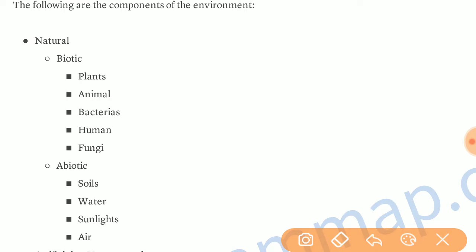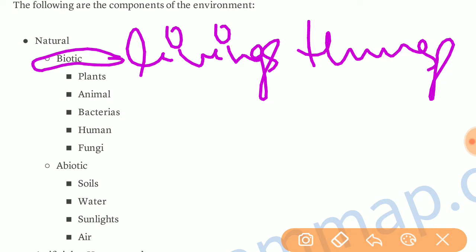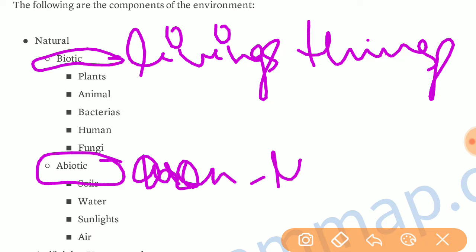Natural environment is of two types: biotics, which are living things, and abiotics, which are non-living things.